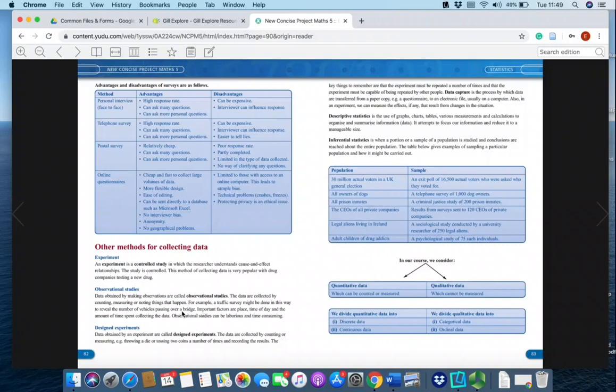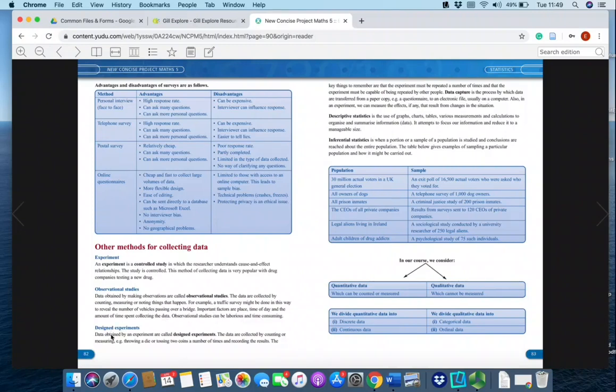It would be used by civil engineering for road planning, for bridge design, if they needed to strengthen the bridge, widen the bridge, and so on and so forth. So important factors are place, time of day and the amount of time spent collecting the data. Its disadvantages: it's laborious and it's time consuming.